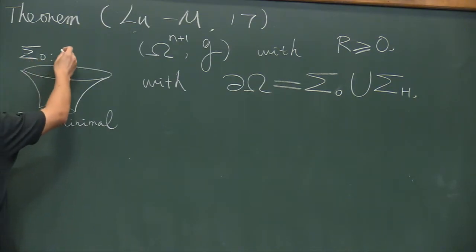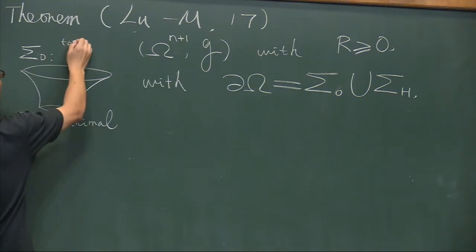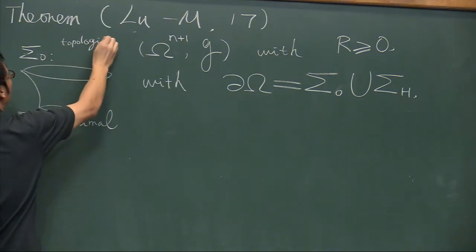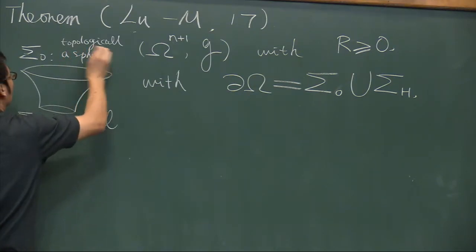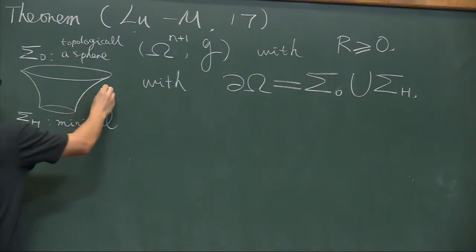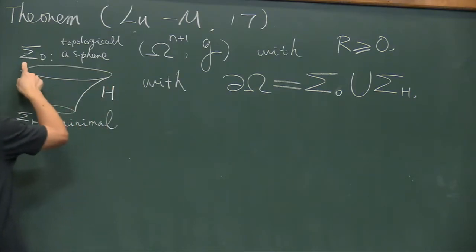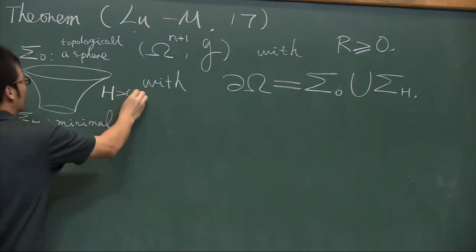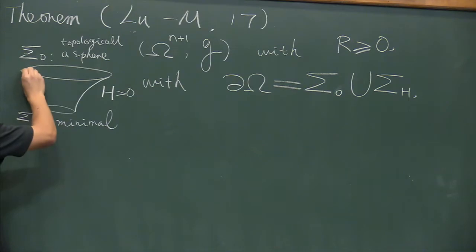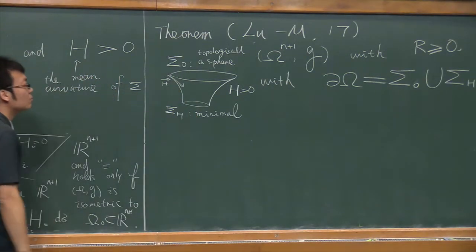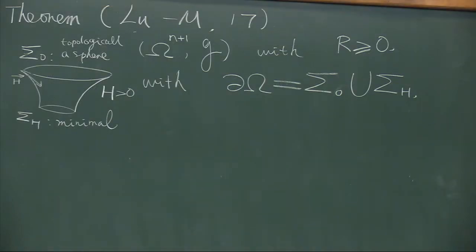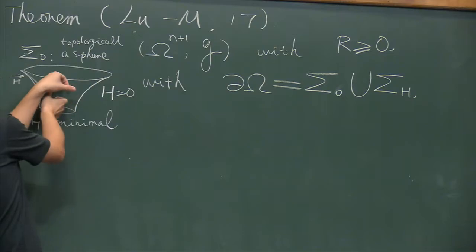The sigma O is topologically a sphere, and we assume the mean curvature of sigma O is positive. Again, that's to say that the mean curvature vector points inward. And there are no other closed minimal surfaces in omega.